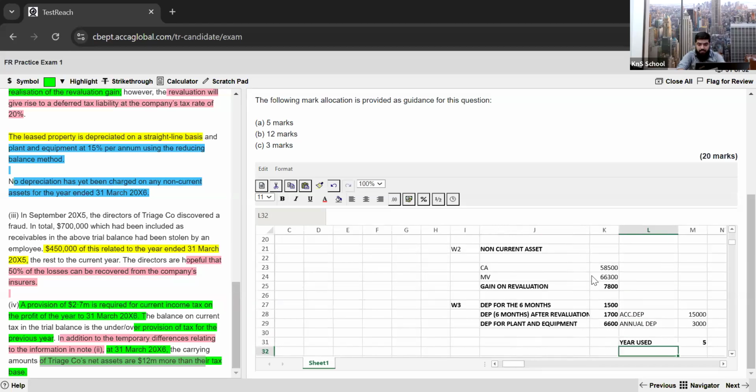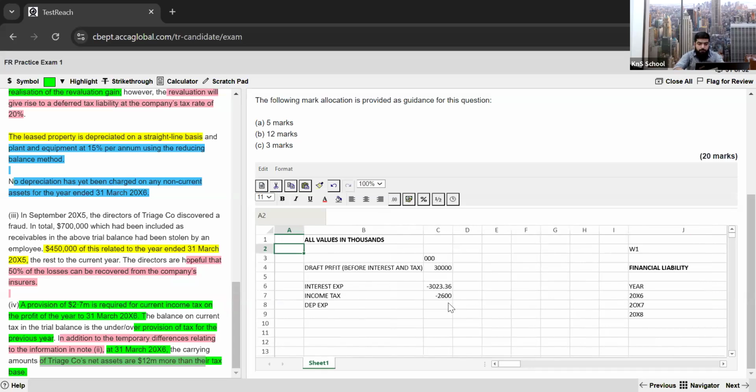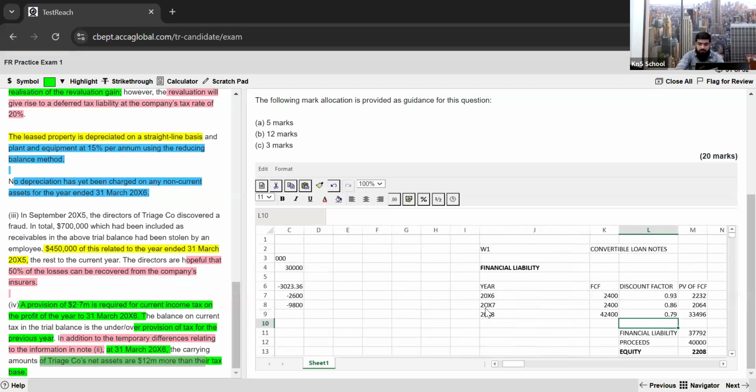So let's calculate the total of it. It is 9,800, it's K30, minus K30, because these are expenses, so these will be deducted.